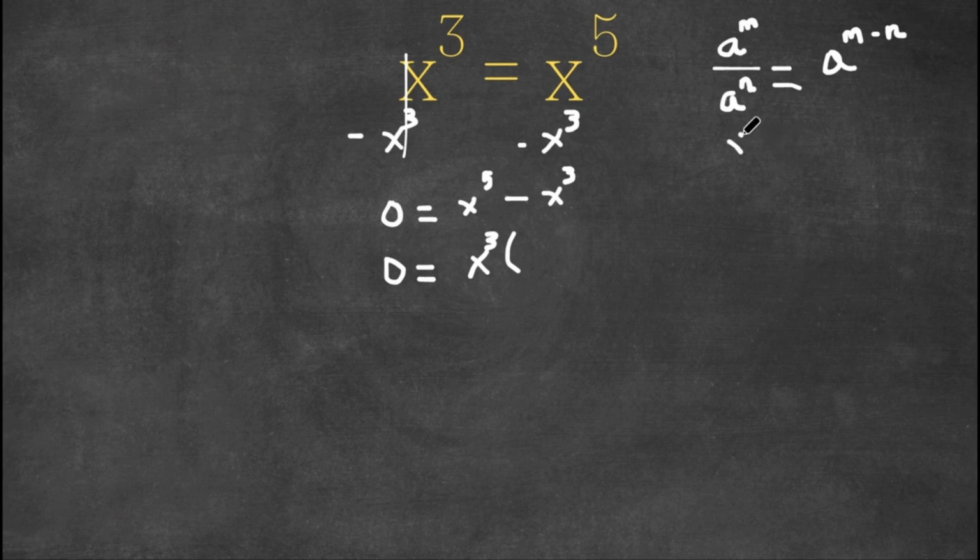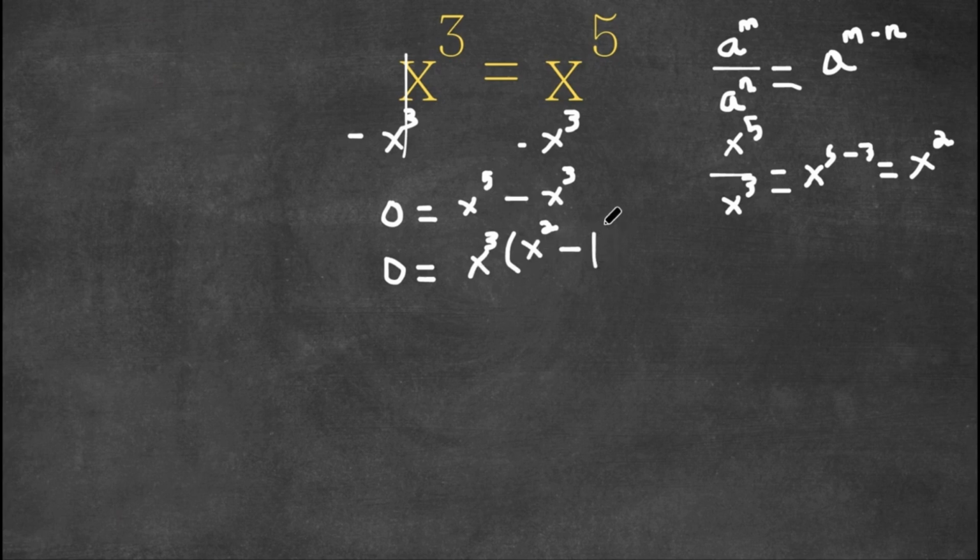So x to the power of 5 divided by x to the power of 3 is equal to x to the power of 5 minus 3, and 5 minus 3 is 2, so this is equal to x squared, or x to the power of 2. So we have x to the power of 3 times x squared minus x to the power of 3 divided by x to the power of 3 is simply 1, because anything divided by itself is 1.